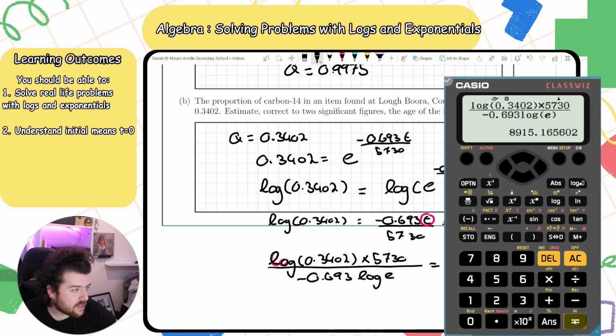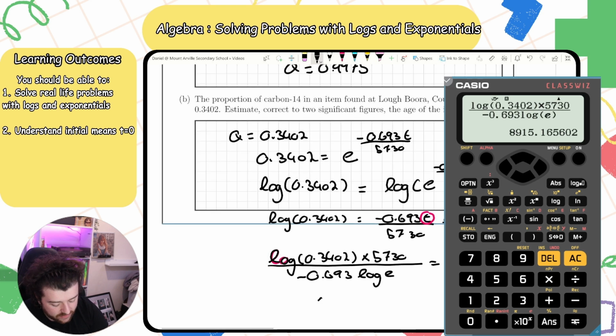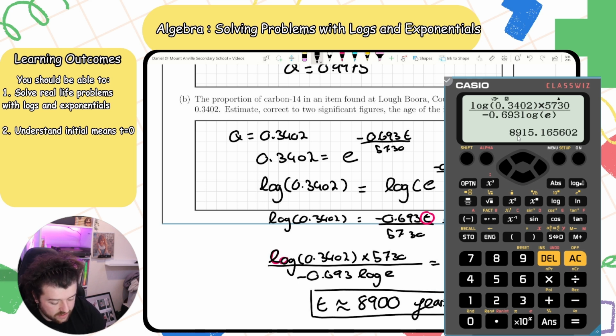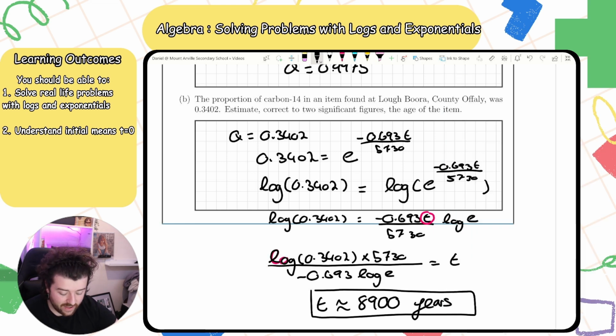And that should be equal to 8915, but it says to two significant figures. So we take the first two figures here, so it'd be 8,900 years. And that's the two significant figures there. So the item is 8,900 years of age.